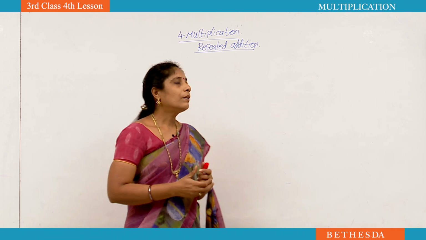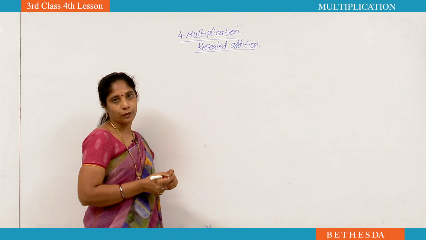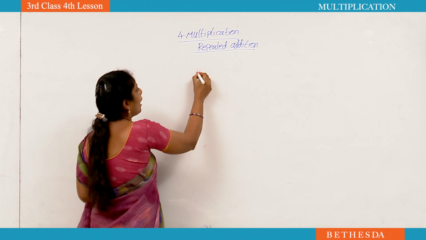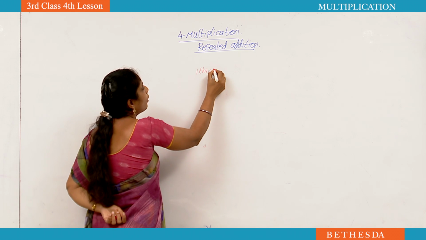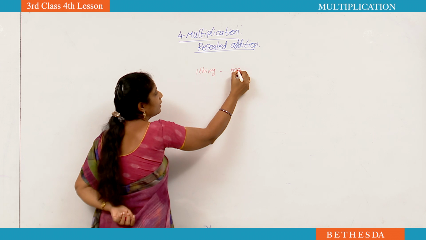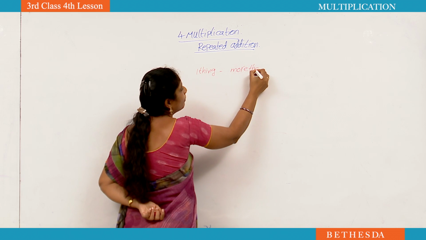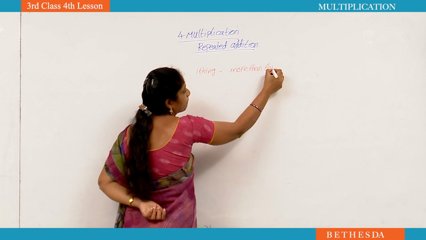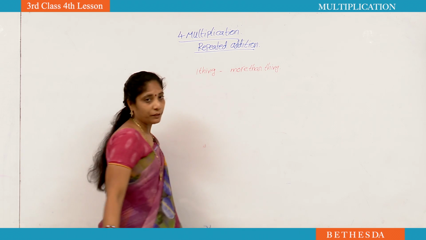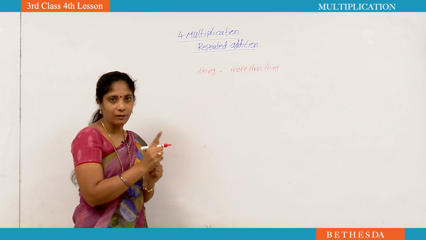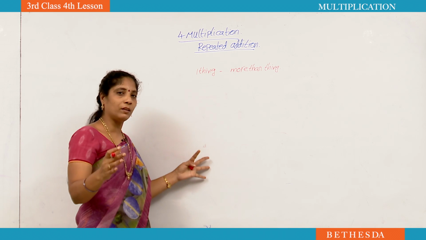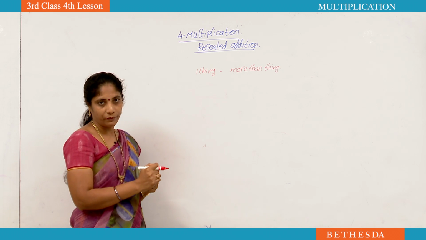See here, when we have to do multiplication, we know one thing's value and we have to find more than one thing's value.